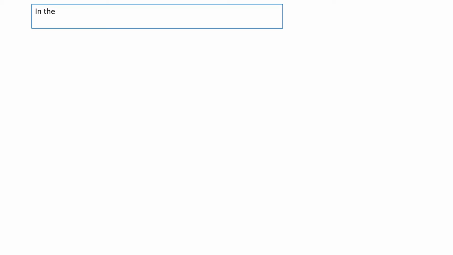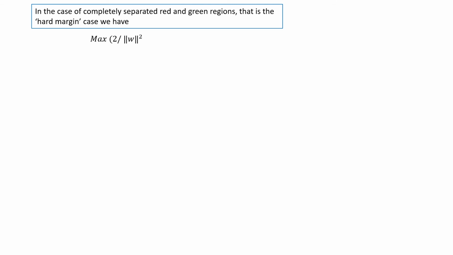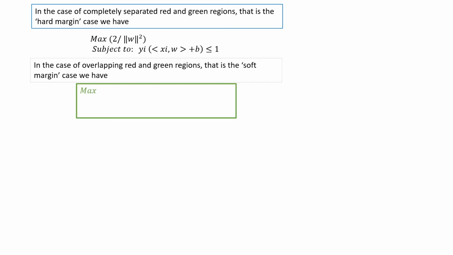Next slide, I'm going to create the optimization setup. In the case of completely separated red and green regions, let's recall this is a maximization problem. In the case of overlapping regions, we have the same setup, but we are going to have an additional term, the errors. We want to maximize the solution. So I want to explain a little bit here very carefully.